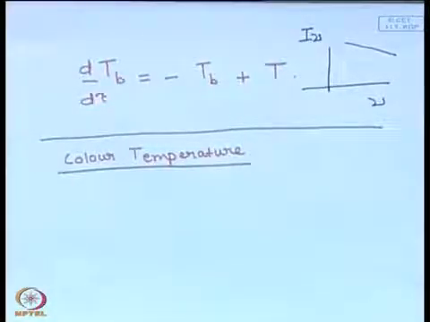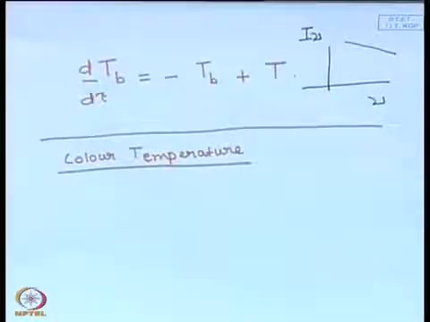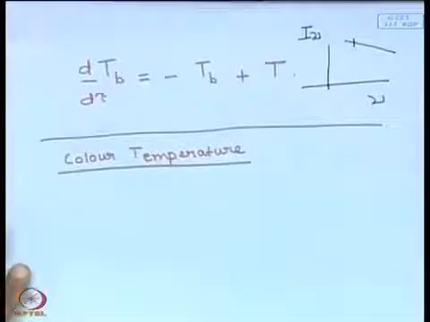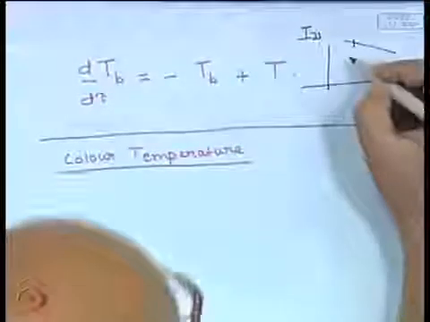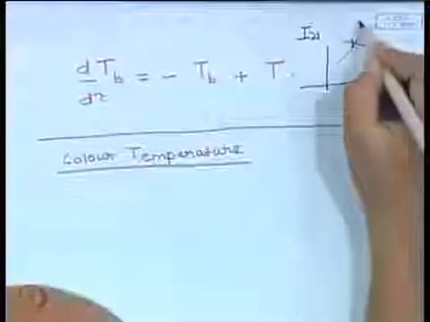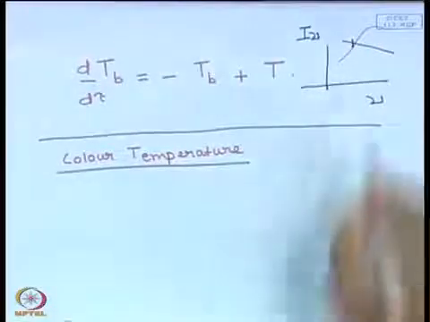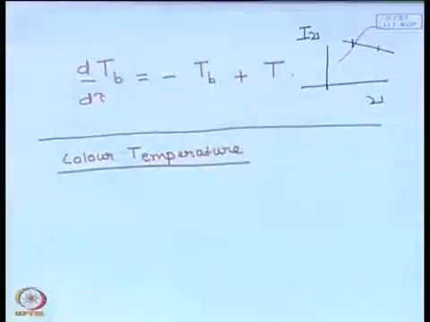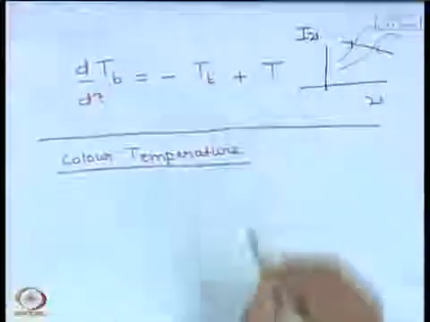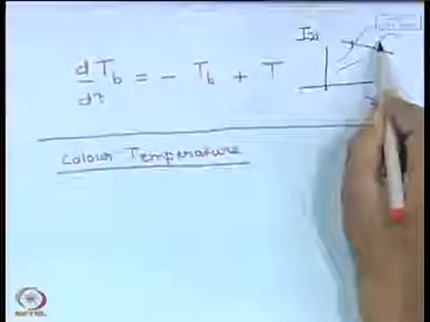This is obviously not a black body spectrum. So, if I calculate the brightness temperature at this point, what will I do? I will find which black body spectrum goes through this, and I will associate that temperature. If I find the brightness temperature at this point, again I will find which black body spectrum, it will be a different one that goes through this, and I will associate that temperature.